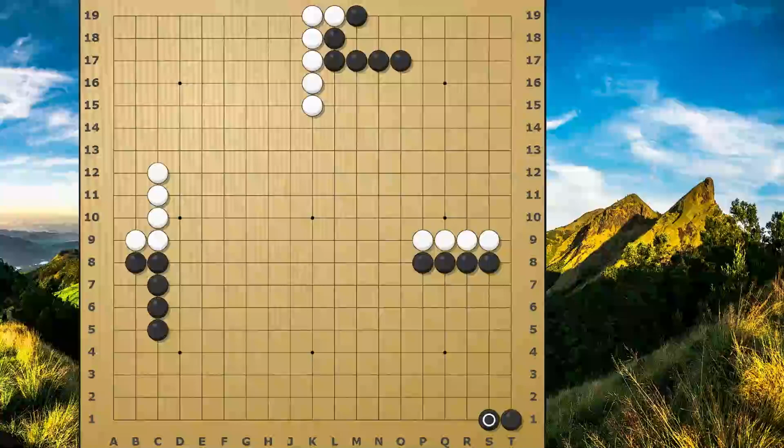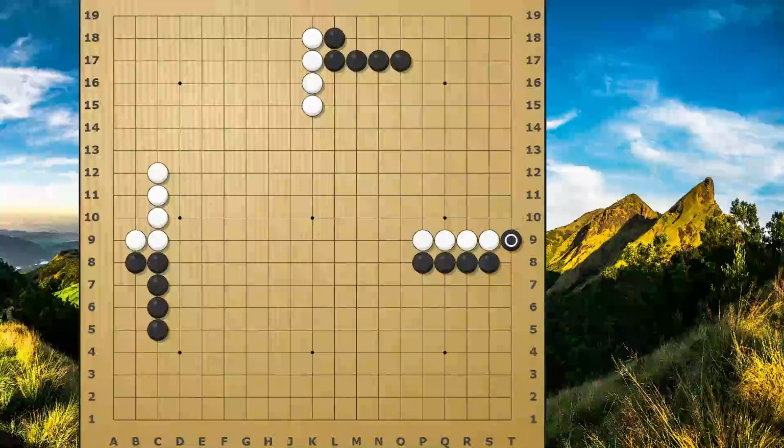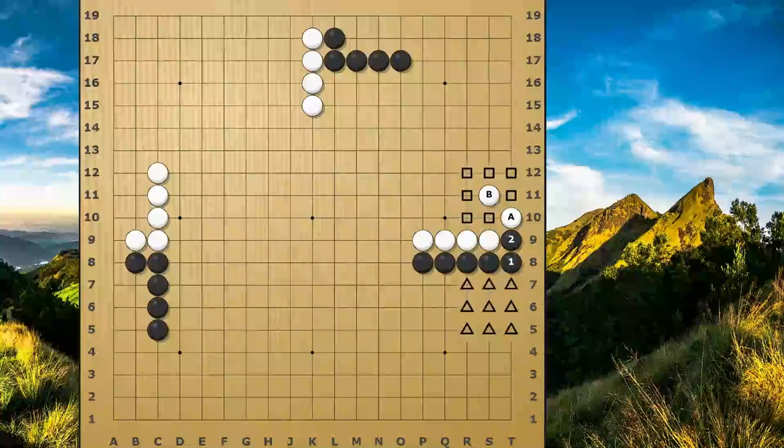And the right side is called double sente. It's sente for both colors. And with double sente, regardless of how big it is, it's just free points.